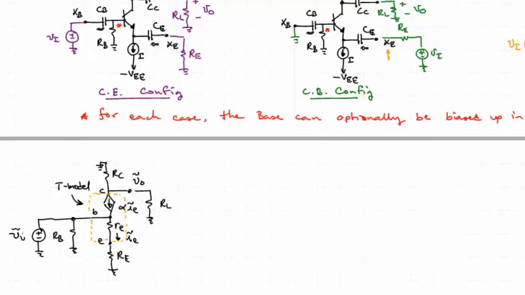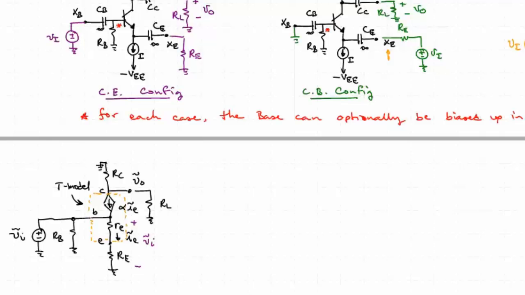Now, what we have is a voltage VI that is applied directly across these two RE resistors. That's the first thing to note.